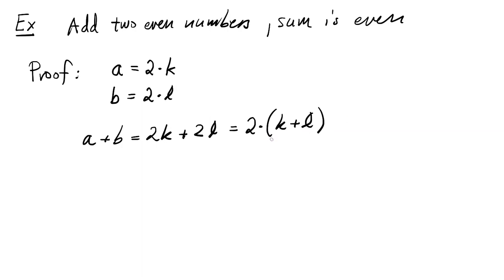Then you see that here you have an integer, because an integer plus an integer must be an integer. So we can call it m. So you can write it as 2 times m. So a plus b can be written as 2 times an integer, and that means that a plus b must be even. So this is a proof that a plus b must be even.